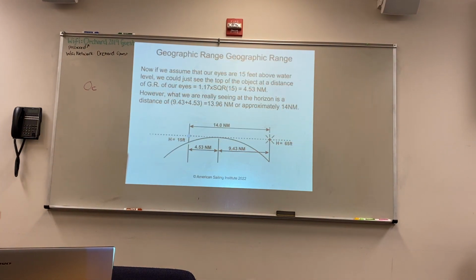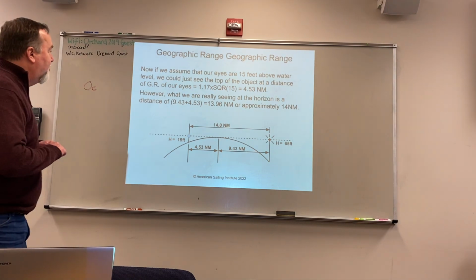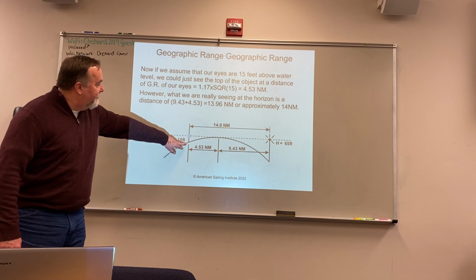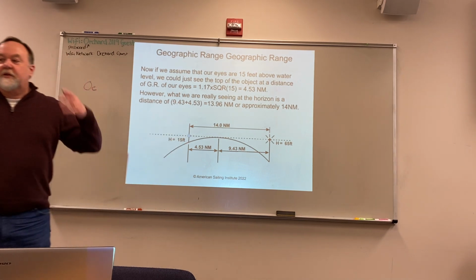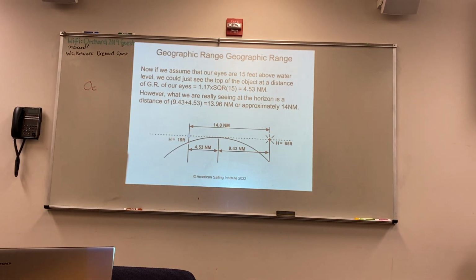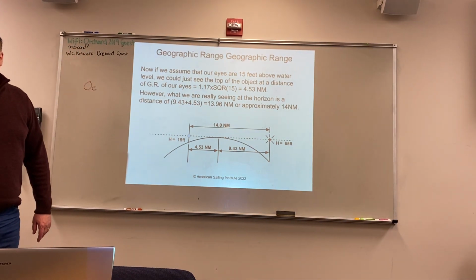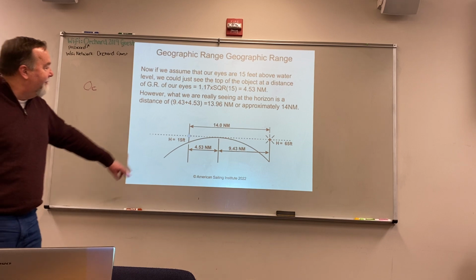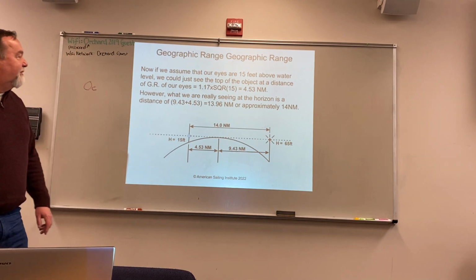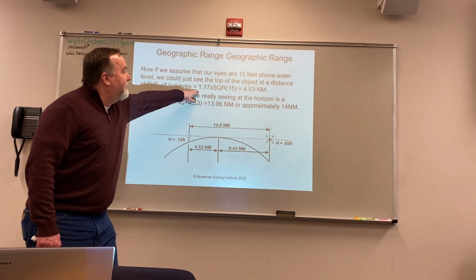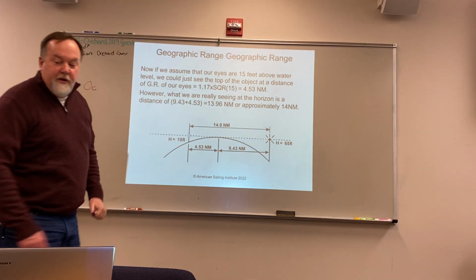So let's look at a more realistic case, where I'm in a boat and somewhere above the water. In this case, I'm in a pretty big boat with a lot of freeboard, standing in the bow or on top of the cabin, 15 feet above the water line. So I take the square root of 15 times 1.17, and I get 4.53 nautical miles.